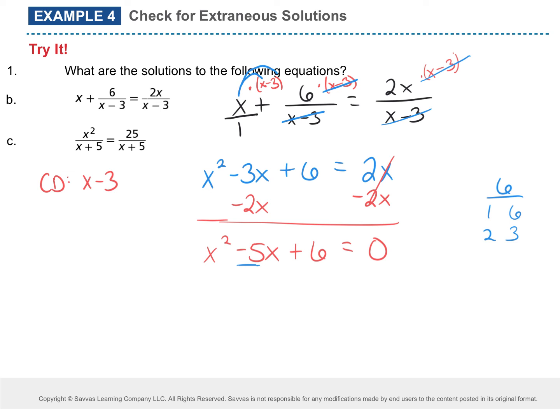It's going to be 2 and 3, and I change both of them. Yep, because if I multiply 2 negatives, is that going to give me a positive 6? Yes. So how do I write these two as factors? X minus 2, x minus 3, still equal to 0.